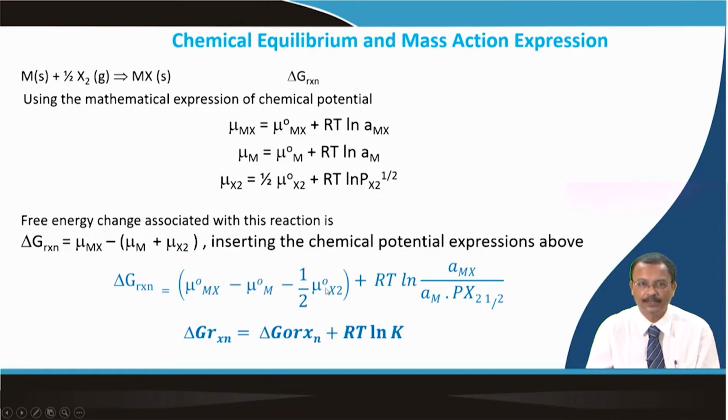This part is the standard part, and you have this RT, coming from the activity of the product divided by the activity of the metal and the partial pressure of the gaseous reactant. So, your free energy term is ΔG, with 0 as the superscript and Rxn as the subscript. This is the standard energy part, and it has RT ln K, where K is the equilibrium constant.